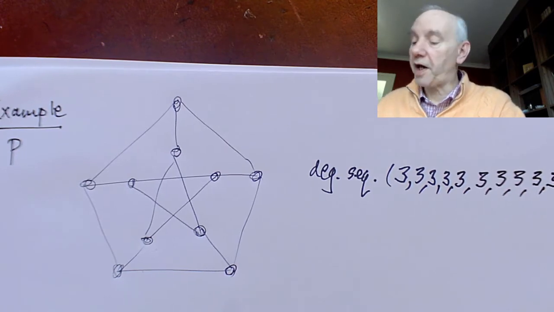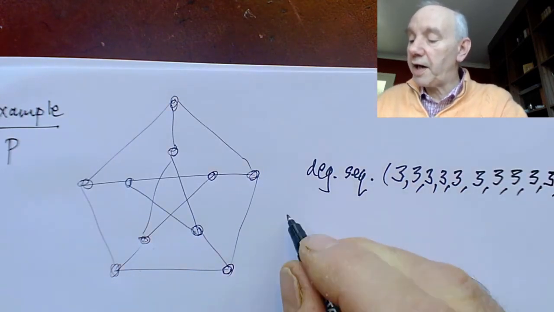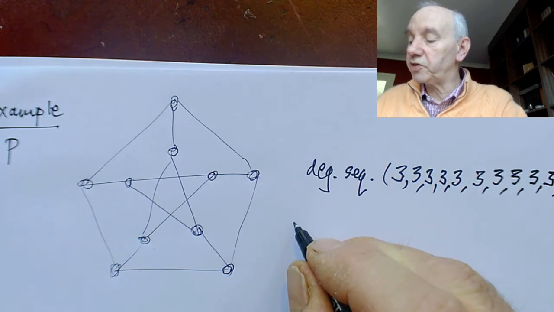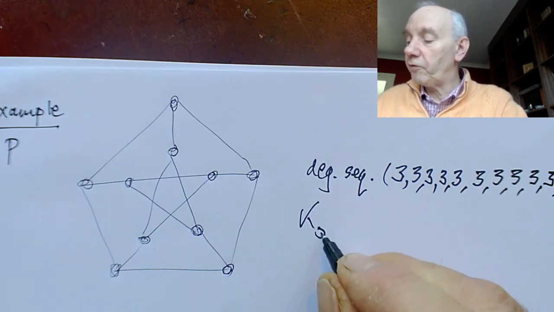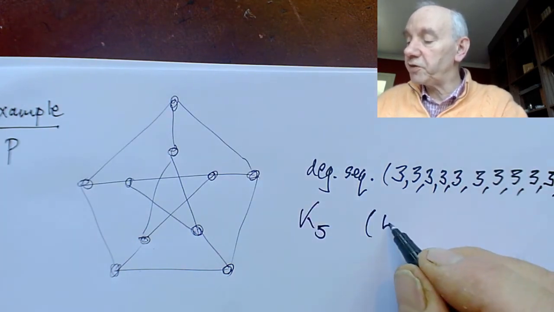On the other hand, K5 has degree sequence for 5 vertices, each of degree 4.